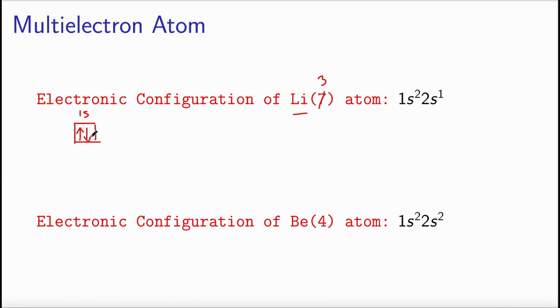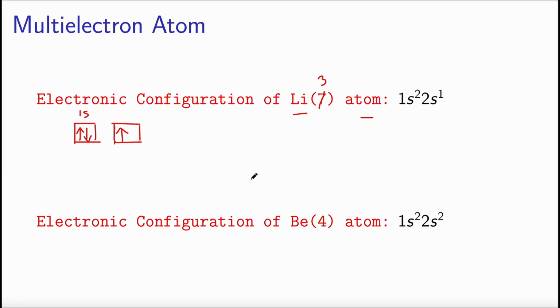This we know. And then 2s1 comes next. This is my 2s orbital. This will get filled up next. There is only one electron, so you can put it in any direction, so we will put it in the up direction. This is the configuration for lithium atom in the ground state.